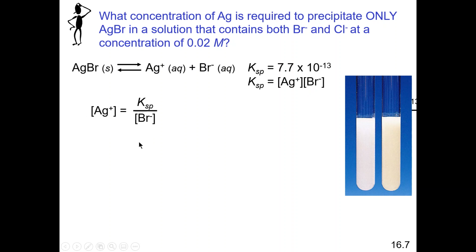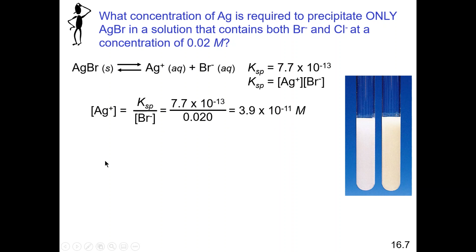And that would be equal to 7.7 times 10 to the minus 13, which is the KSP value here, divided by 0.020, which is the molarity of the bromide ion, and you get this answer, right? So basically, you're going to need at least this concentration of silver ions to precipitate the bromide ion, all right?